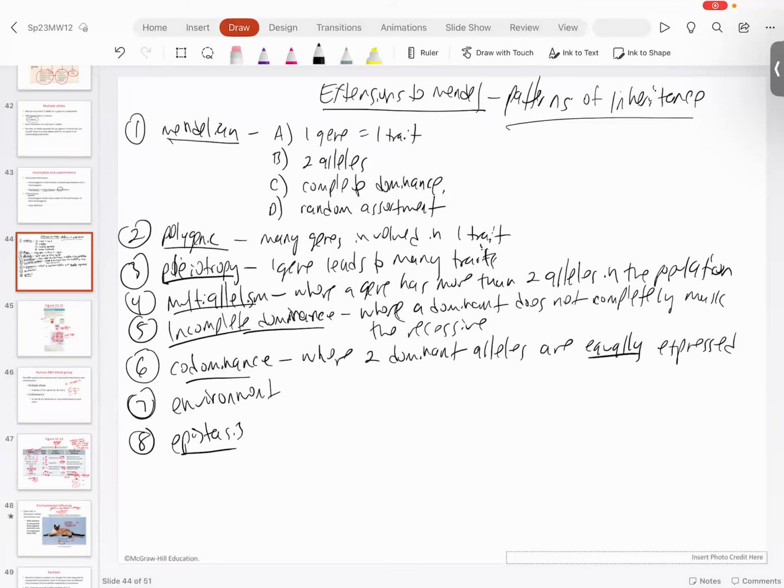Epistasis is basically a violation of D. This is a situation where one gene affects the expression of another. Expression and segregation, oftentimes.